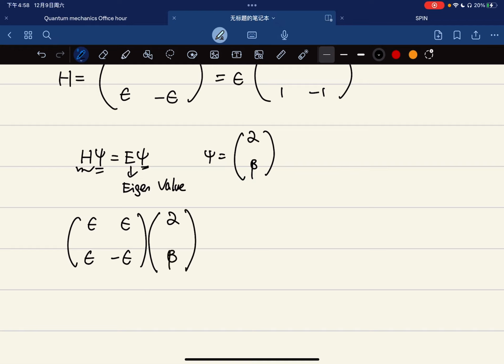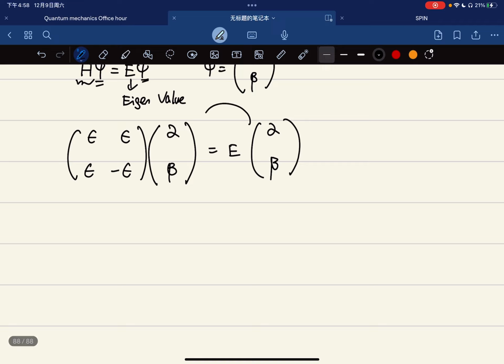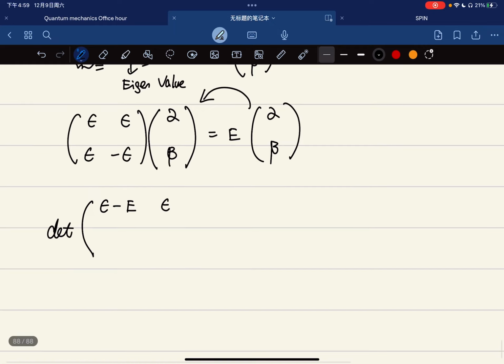It equals some eigenvalue E times alpha and beta, and if I move this term to the left and combine them, I will have the determinant of the small e matrix minus the big E, with negative small e minus the big E.